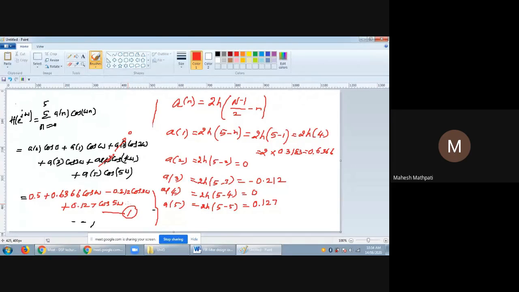Have you understood this? Yes, sir. Any difficulty here? No, sir. Now, let's move to the next part. Can anyone tell me what we are doing in the next part?